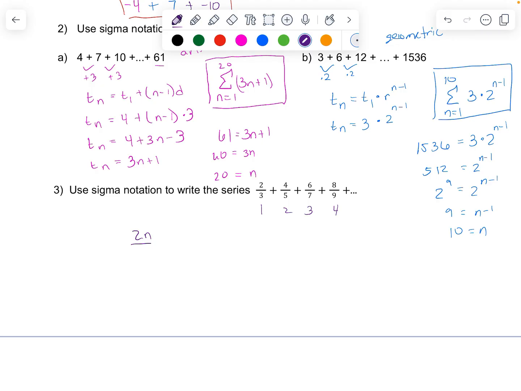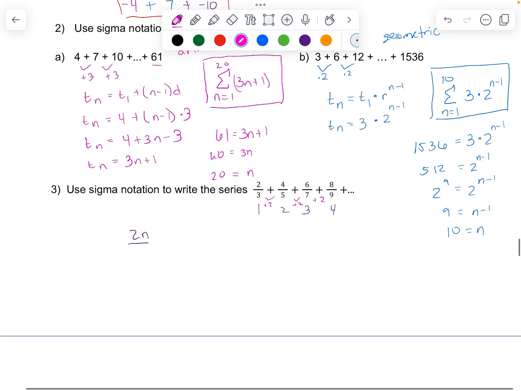On the bottom, 3, 5, 7, 9, again, I do notice that the bottom itself is arithmetic. So that means that on the bottom, we could do t sub n is equal to the first term, which is 3, plus n minus 1 times the common difference, which is 2.